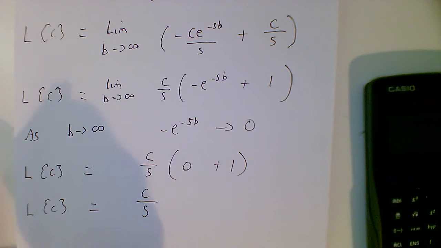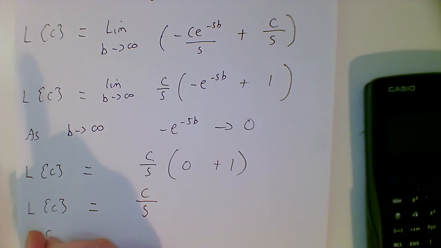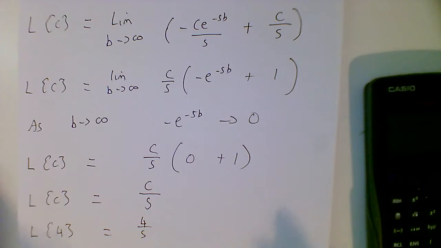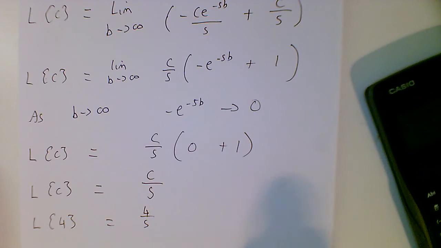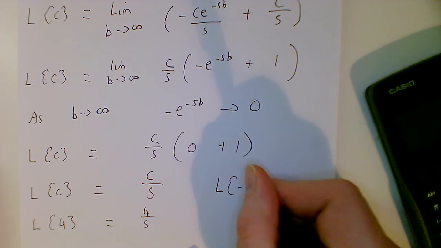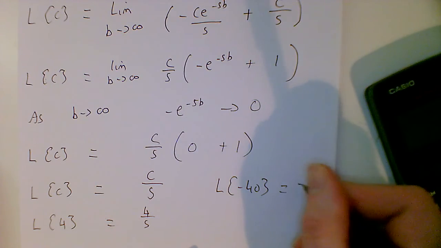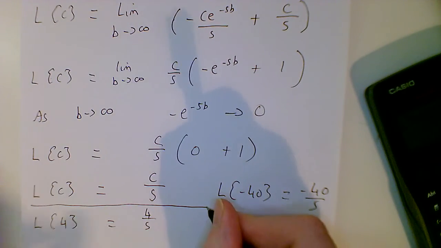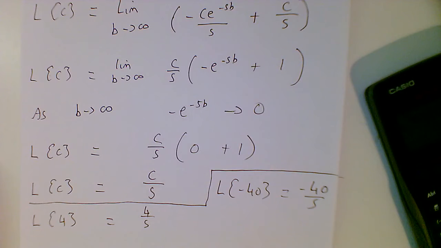Okay, and all that means is, so if you've got the Laplace transform of the number 4, that would just be 4 over s. So I was just dealing with if c is any number. Laplace transform of -40 is -40 over s.